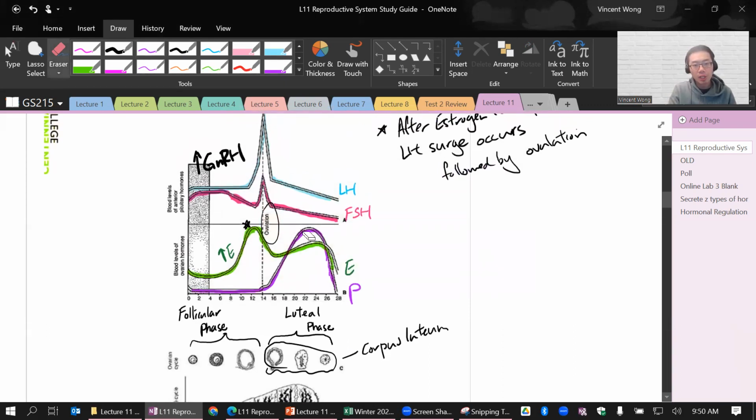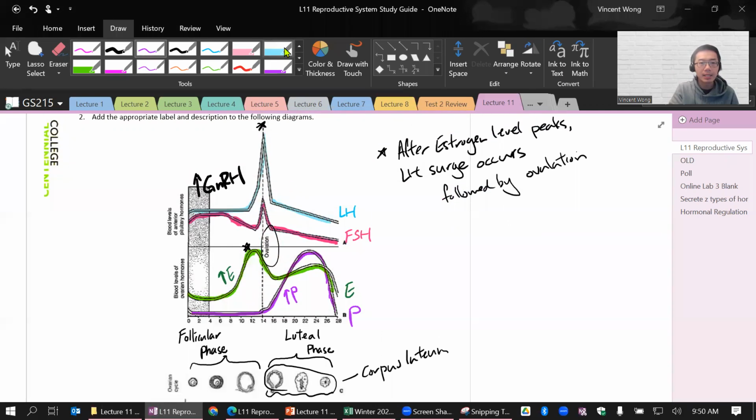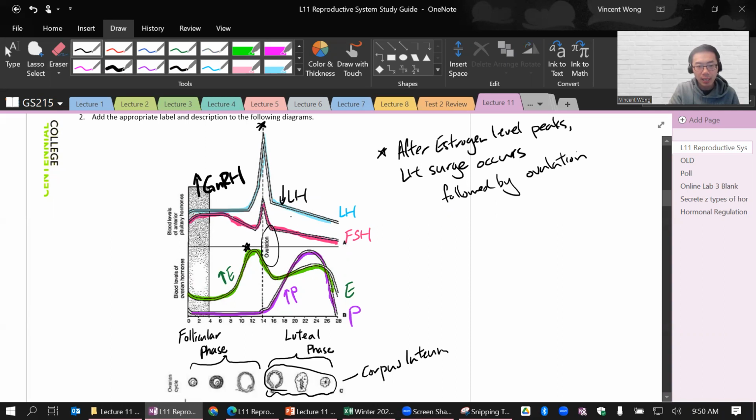Now remember, progesterone has a negative feedback mechanism. So as progesterone increases, you can see over here, we have a drop in LH and a drop in FSH because progesterone is suppressing them, as well as suppressing the GnRH.